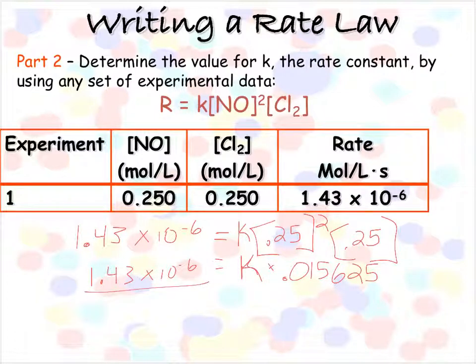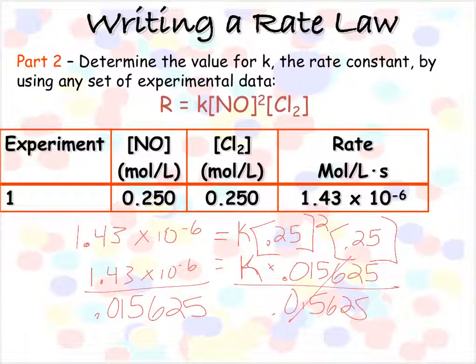I'm going to divide to get my 0.015625 on this side, and then it'll cancel over here. That gives me my rate constant as, with a little calculator, 9.15 times 10 to the negative 5th. So that's our value.